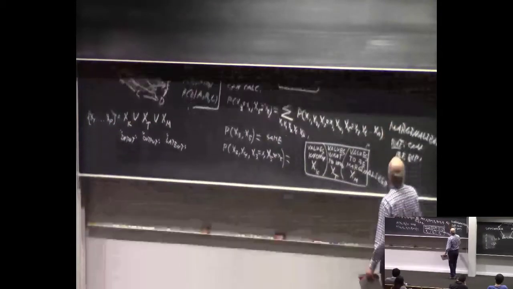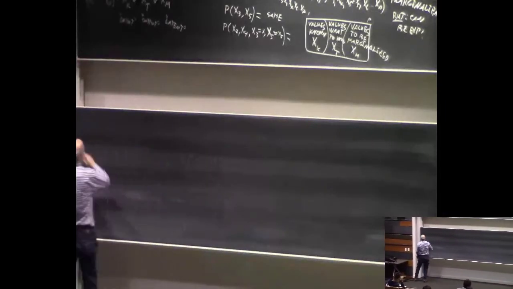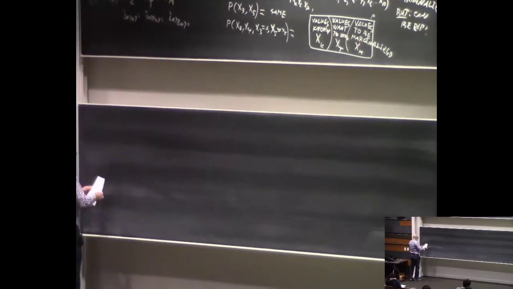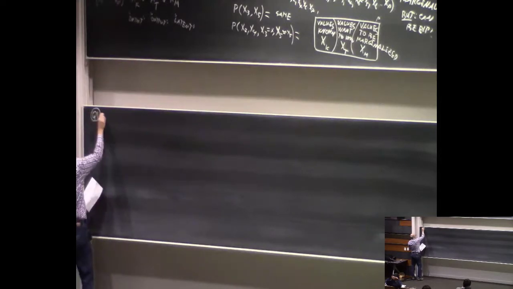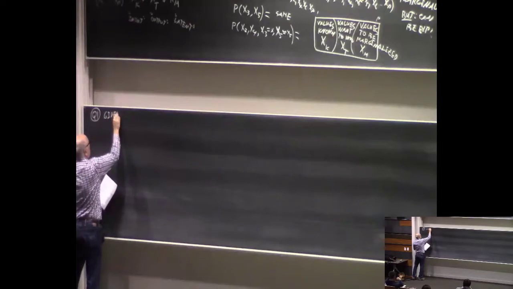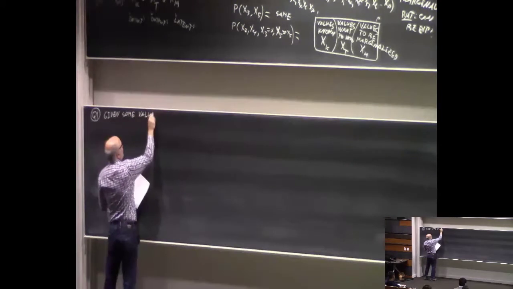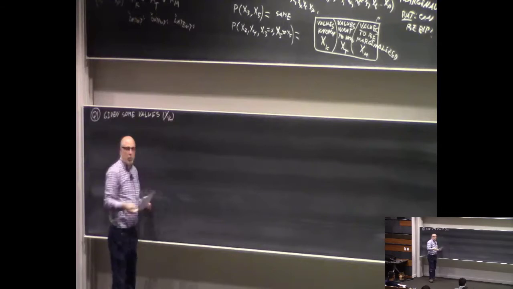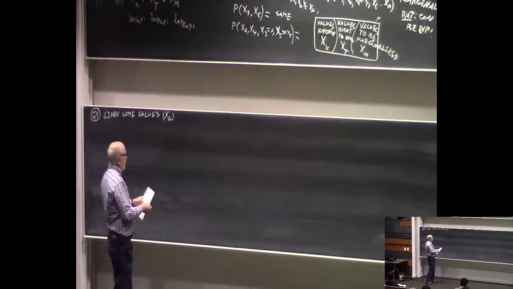So under this kind of notation, we can ask the following questions. Given some values, which we chose to call x sub k, just to make sure to clarify, this is a set of variables, not a single variable, right? X sub k.